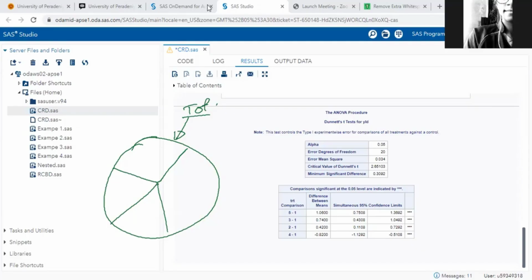For example, if we have the total variability, then we say this part is due to treatment effect. So one part is explained by the treatment. Suppose if we had the block, then we say this is block effect. So another part has been removed from the total variability.